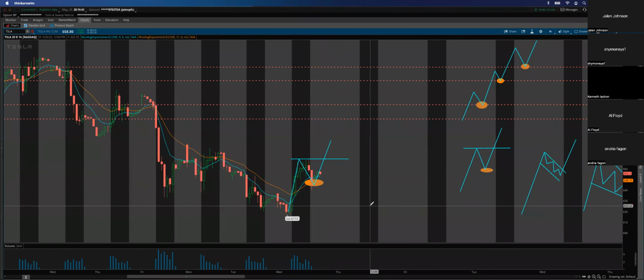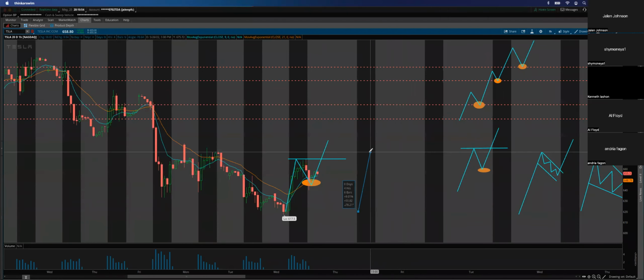Now you can still buy the breakouts, but this is kind of what I do. When it comes to breakouts, there are other ways to buy stocks in case you miss it. Let's say we have a bull flag that breaks out, and we've got the level right here.